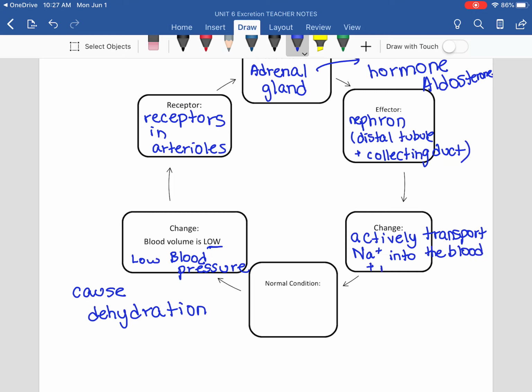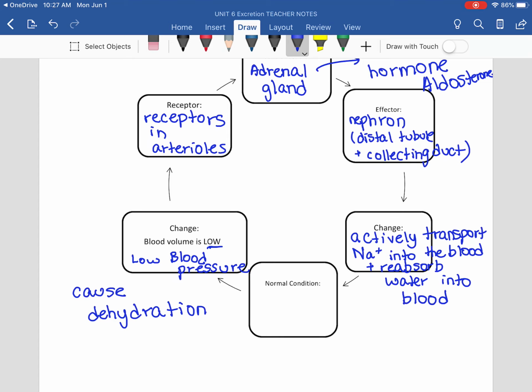which will help with the reabsorption of water. So, and reabsorb water into blood. Okay, so essentially what happens is by actively transporting sodium into the blood, the blood essentially becomes hypertonic and the water will naturally follow through osmosis. All right.